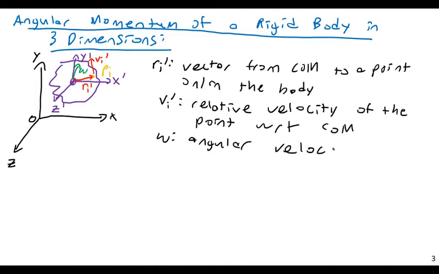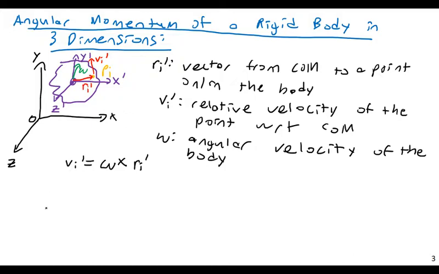So I just needed to define these terms before I start working with some of the math. Omega is the overall angular velocity of the body about some axis. Okay, and one thing I do know is that Vi prime is going to be equal to omega crossed into Ri prime, just a definition of angular velocity.